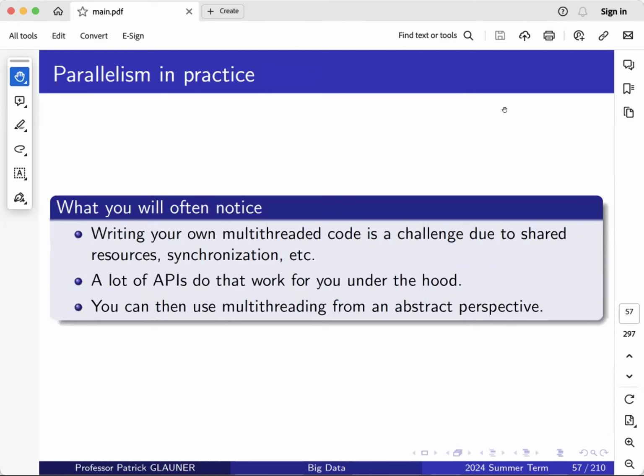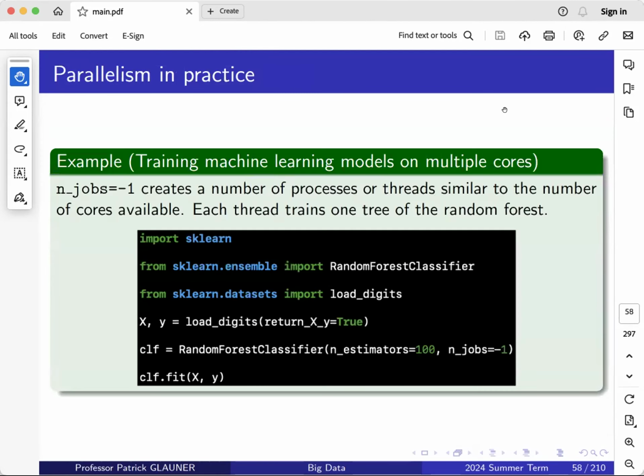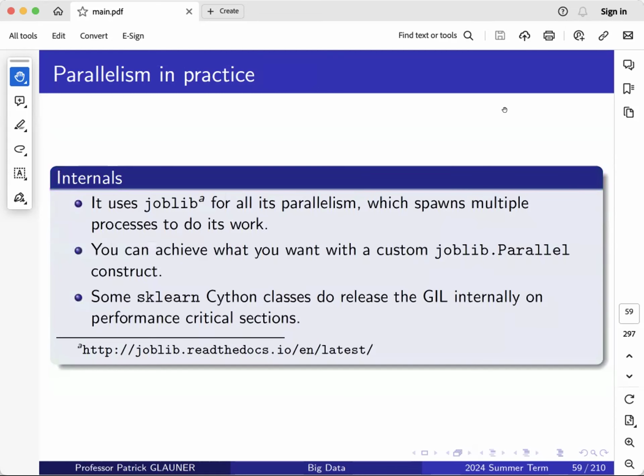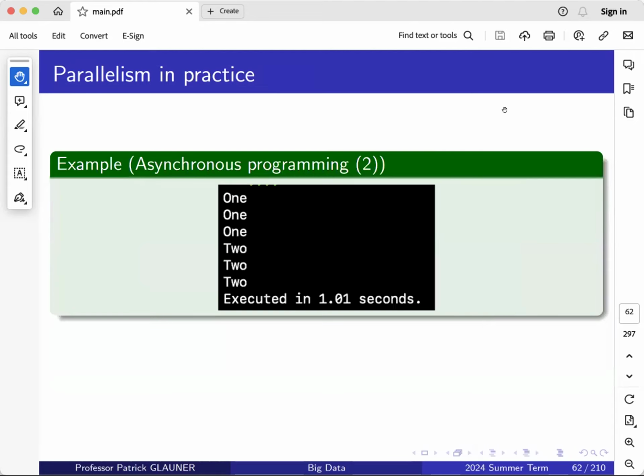We also saw how much you actually need in practice of all of this, especially when you do data science. A lot of these multi-threaded features are under the hood available for you, which makes it far easier for you. Today in the lecture, we'll see a little bit more of other approaches, what others have been doing in order to use parallelism most easily.